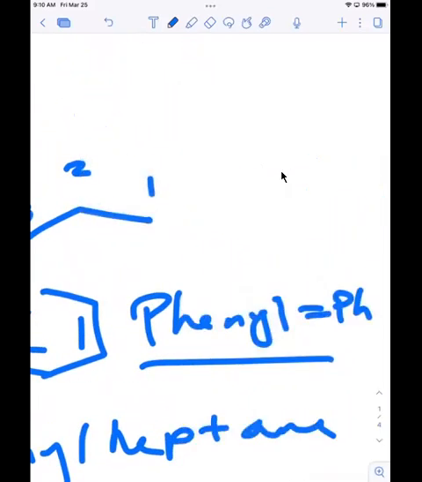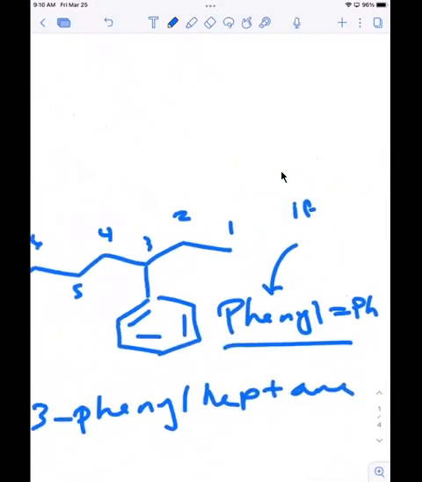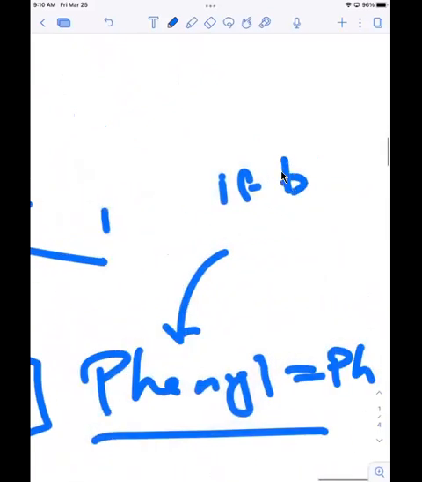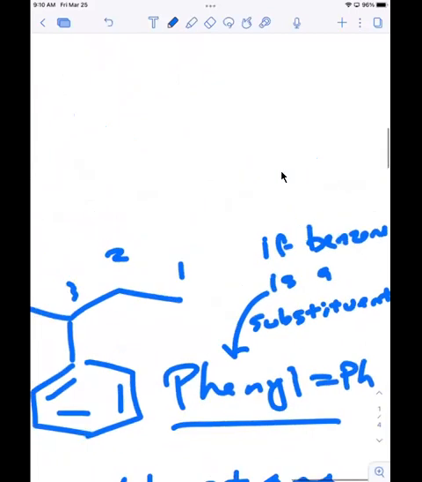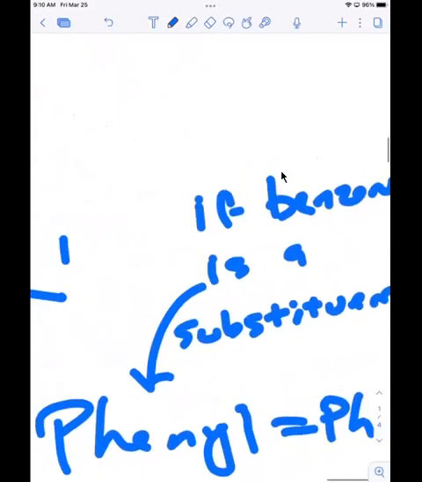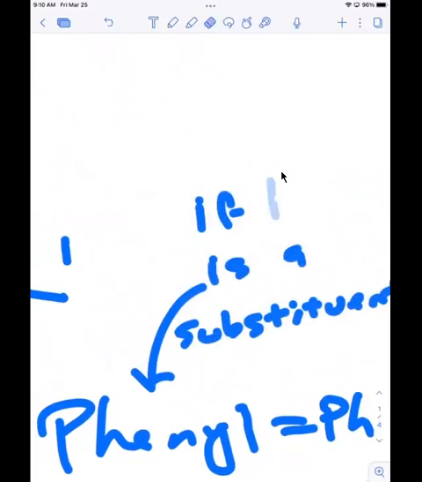Of course there are other aromatics that can be substituents. So if benzene is a substituent, then we call it a phenyl group.